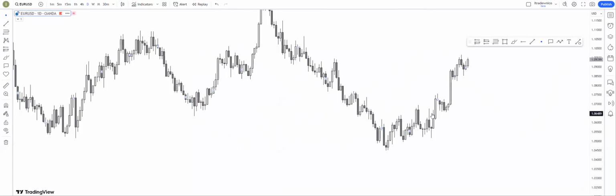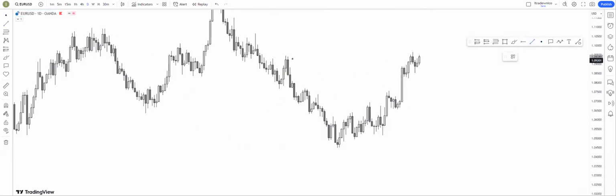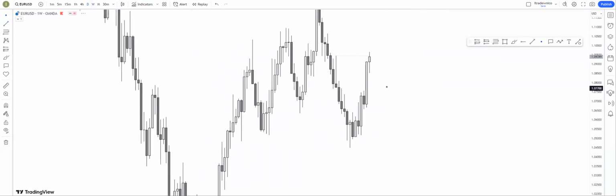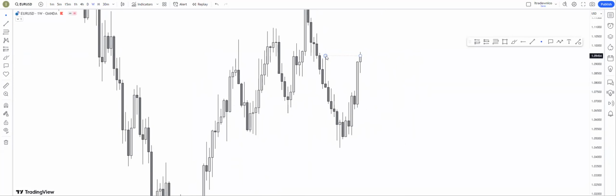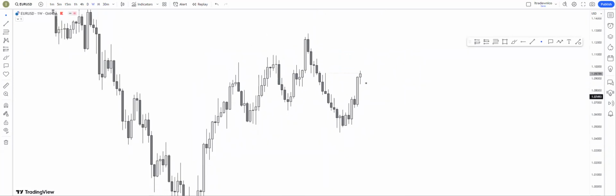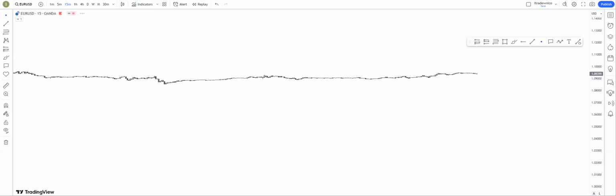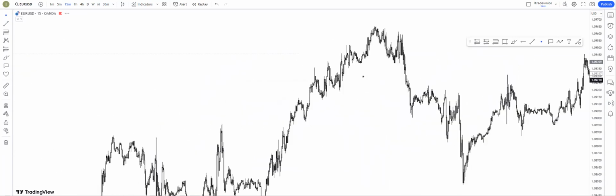All right, that's the main way. Like for example, right here, let's say you are on the 1 minute. You see these major swing points. That's also a three candle formation on the weekly. If you think that this is 1 minute, will you be able to take a trade on this candle? Impossible. But if you scroll down to the 15 minute, will you be able to take a trade?